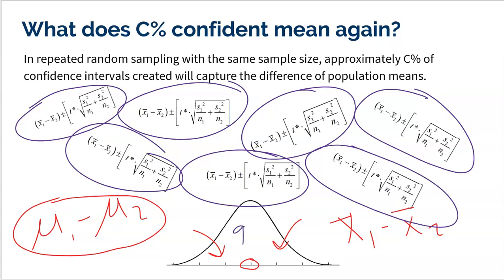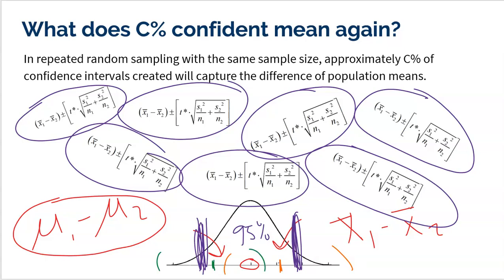So if we're going to be 95% confident, we know that 95% of samples are right smack dab in the middle. In fact, this is telling me that so many sample differences are going to be in that middle range that I'm just betting mine's one of them. Therefore, my interval will capture the mean. So if my sample was right here, when I build the interval, boom, I caught the truth. Or let's just say my sample was down here. When I made my interval, boom, I caught the truth.